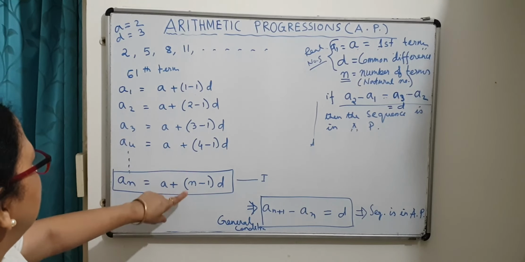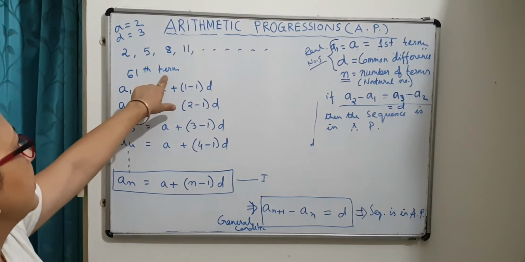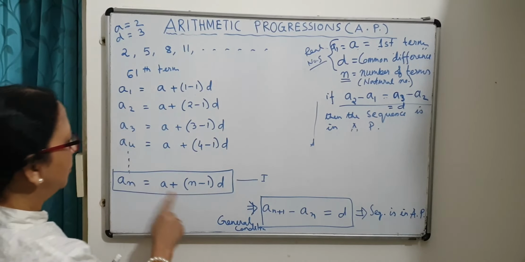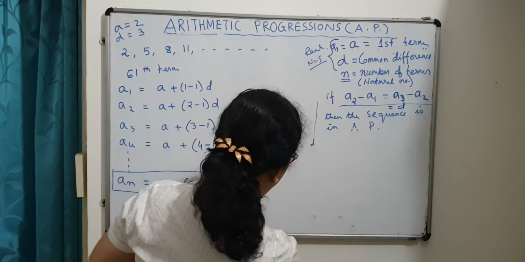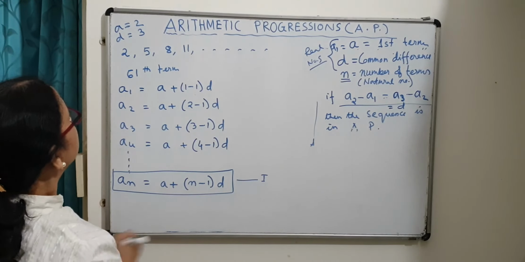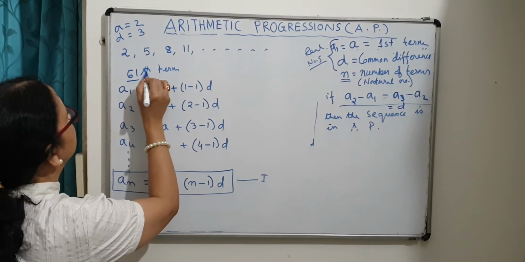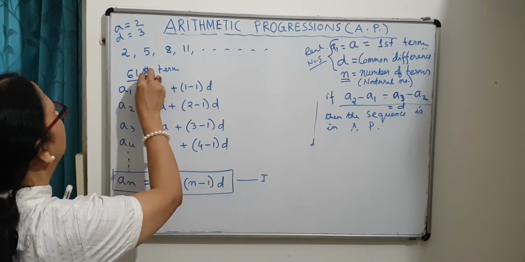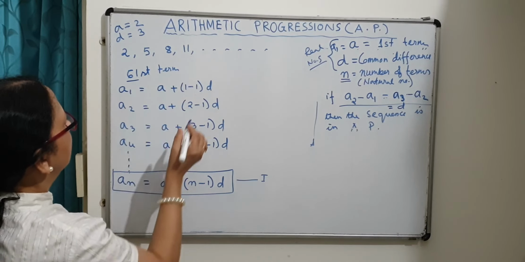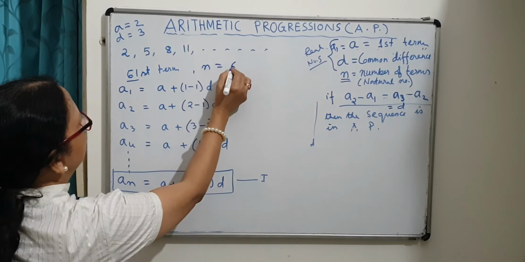Now this formula will help us find the 61st term. What will be the 61st term of the AP? Simply I'll put the values. The 61st term means n is equal to 61, isn't it?